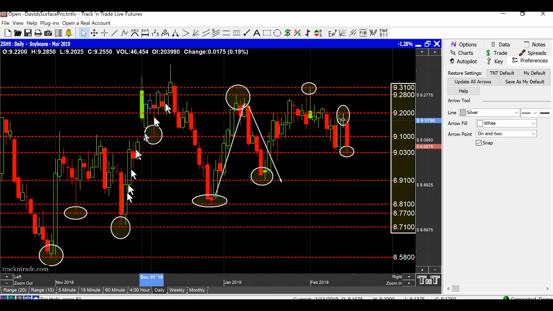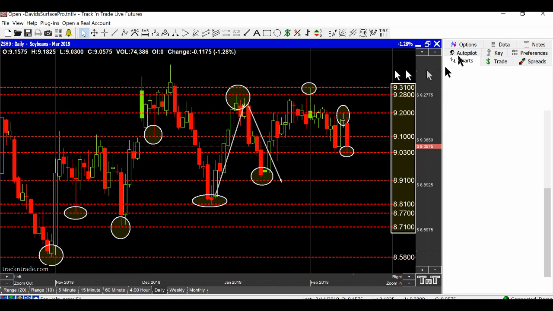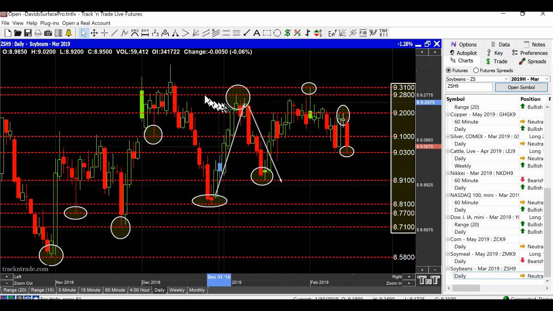Now then, taking profits on orders. Don't get greedy, all right? As an example here, let's go back over here to key, and you can see that key on this is worth $12.50 a tick. So let's say that you were looking at getting out of this market up here, for whatever reason.